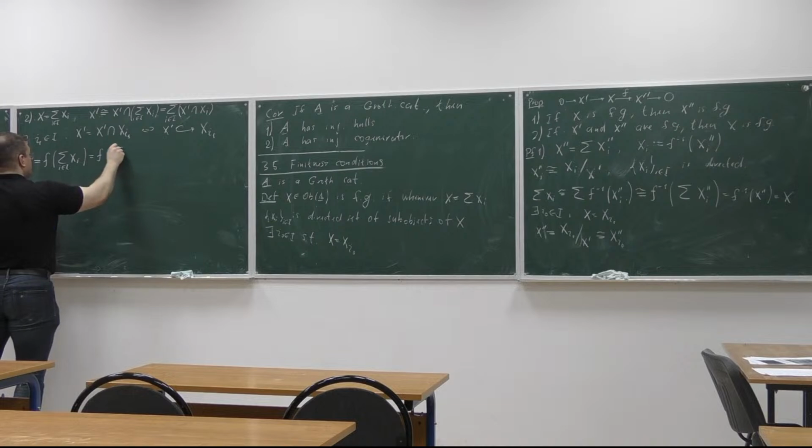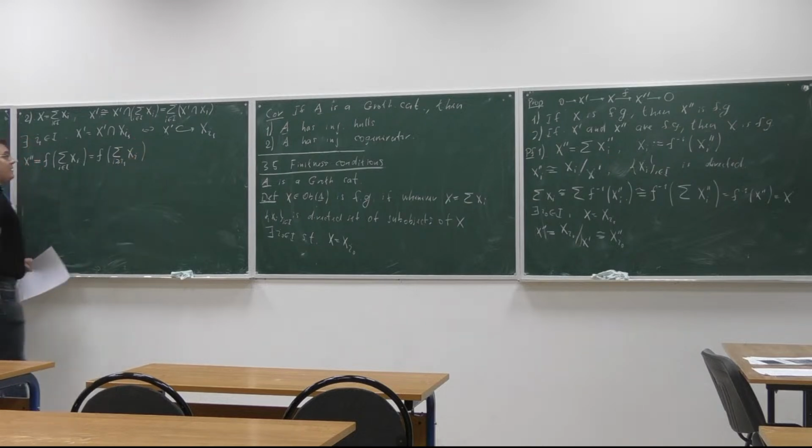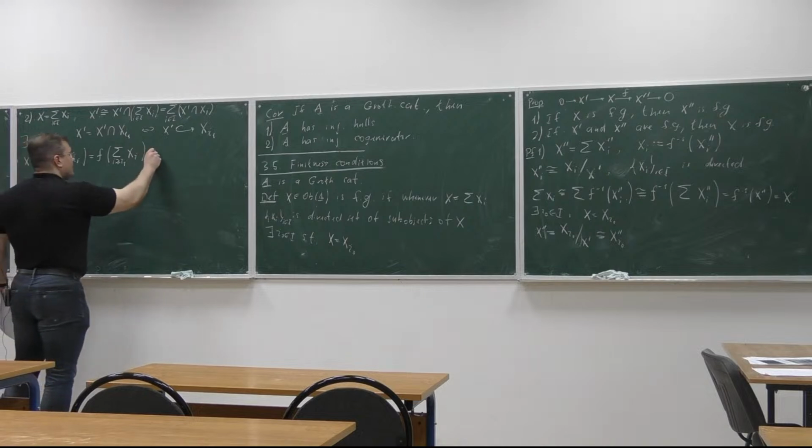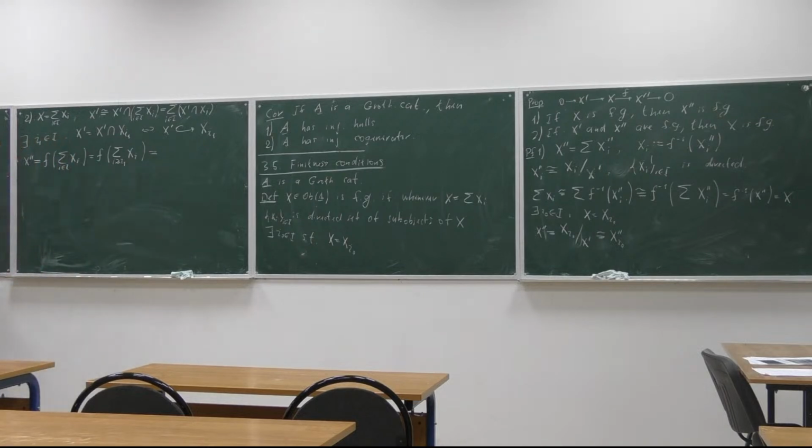Now I can rewrite this a little bit. I can take the sum over I greater or equal than I1. Okay, this is still the same sum because this is a directed set. But now I want to commute the sum and f, and this I can do in any category which is co-complete. Okay.